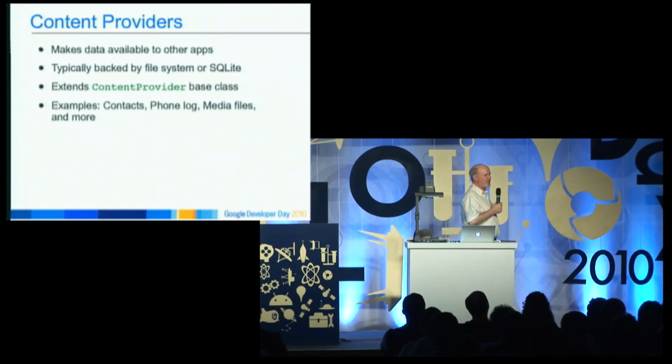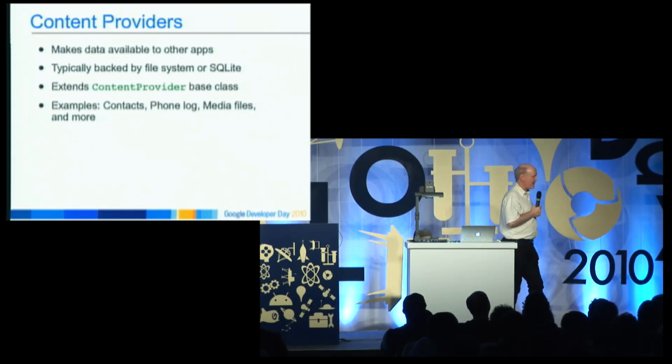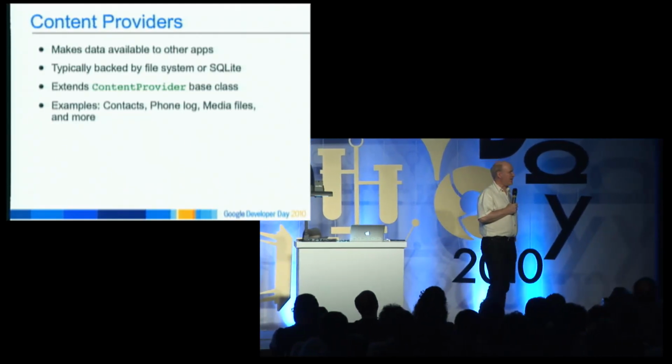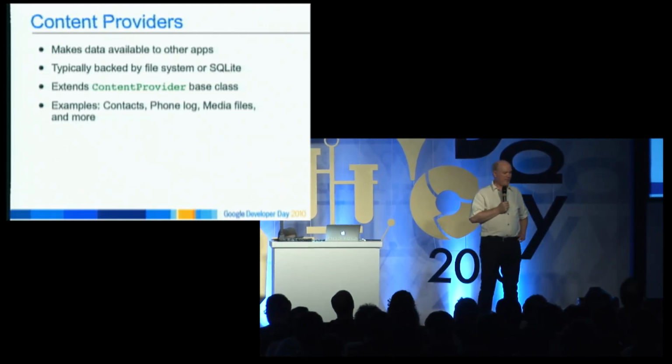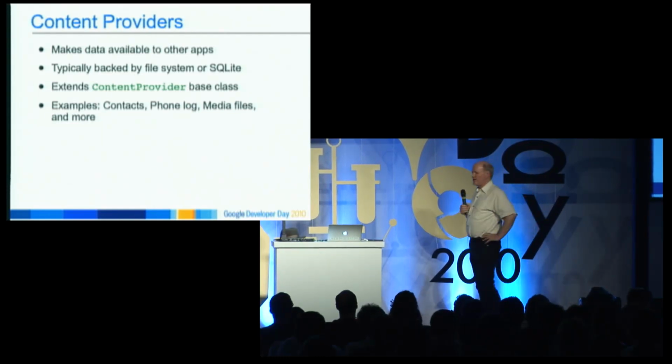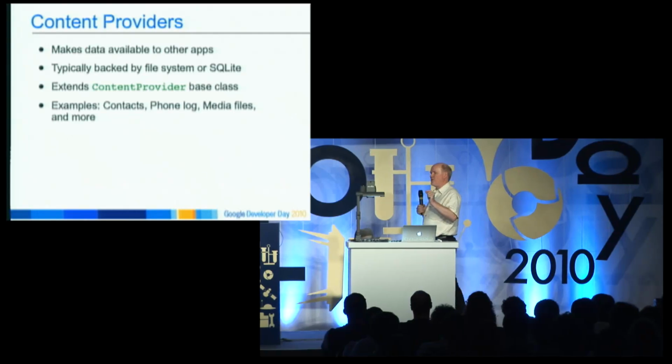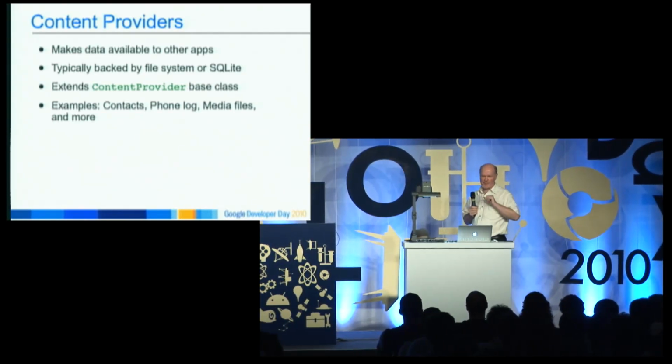Now you can use the database directly in your program. There are some database helper classes, so you can use it in your Java code or in your C code. But more often, it's designed to be wrapped around with a content provider.